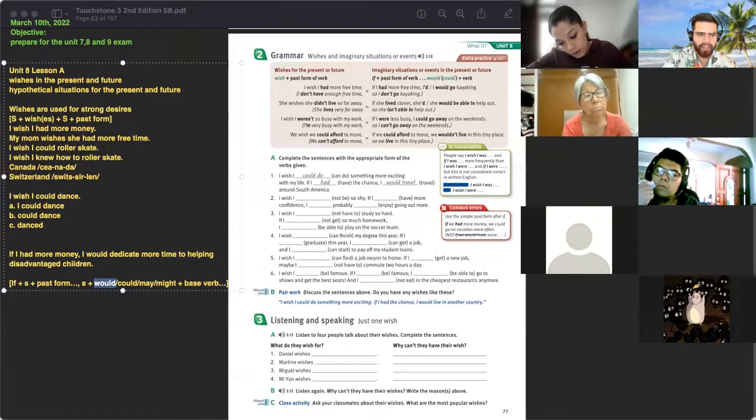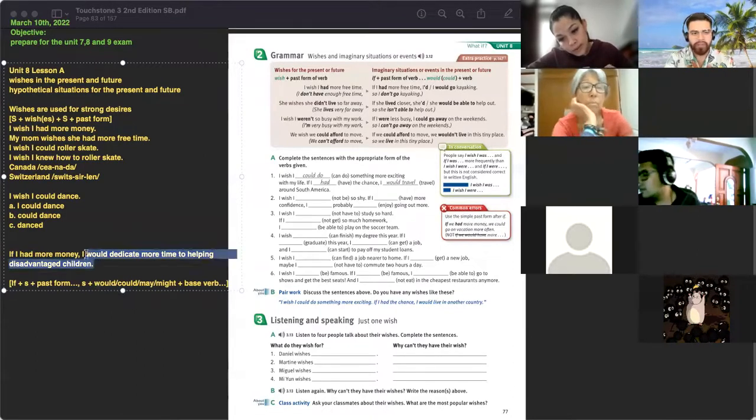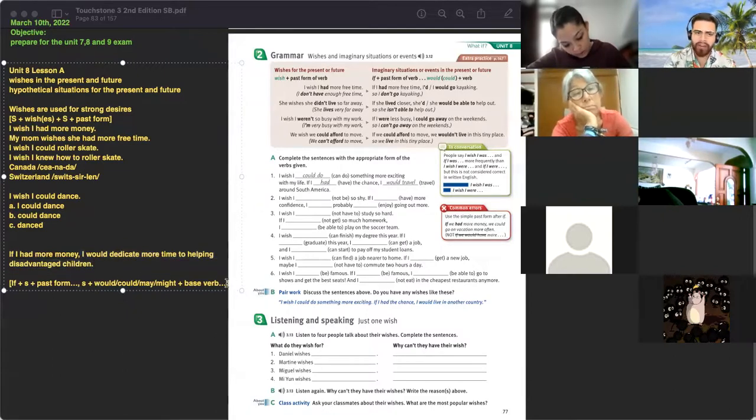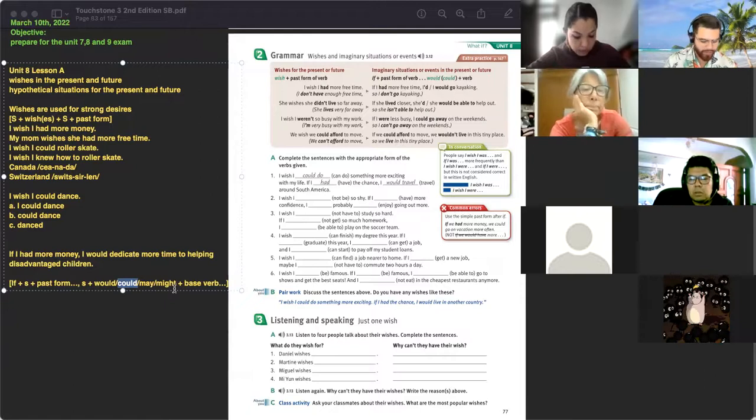So if I say, if I had more money, I am imagining my behavior. What I would do is I would dedicate more time to help disadvantaged children. But I could also say could, because could is like to talk about an ability or possibility, but whatever is better. Whatever you prefer.